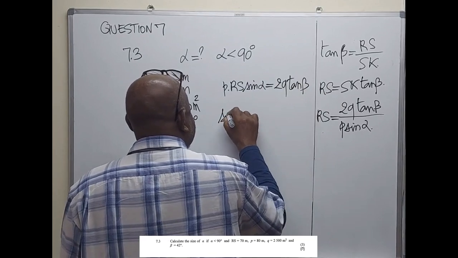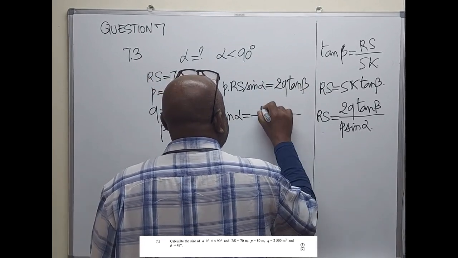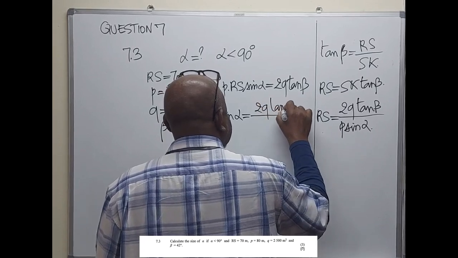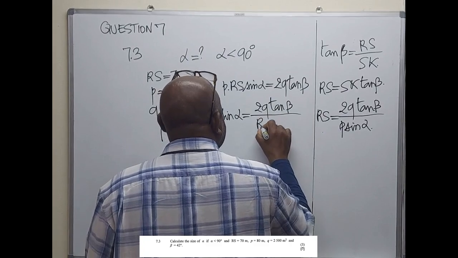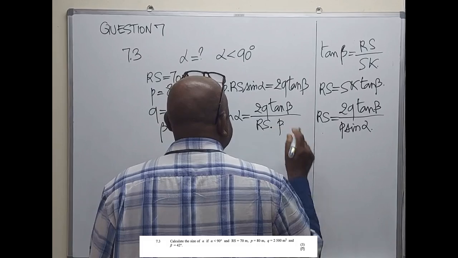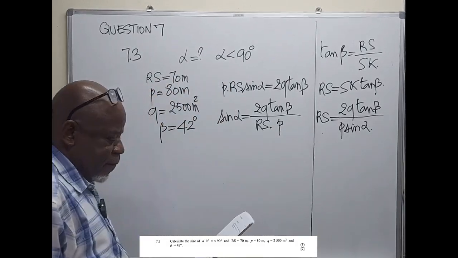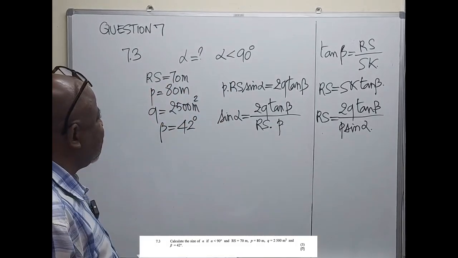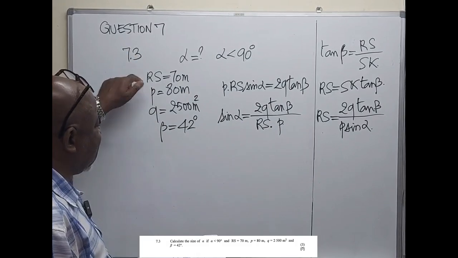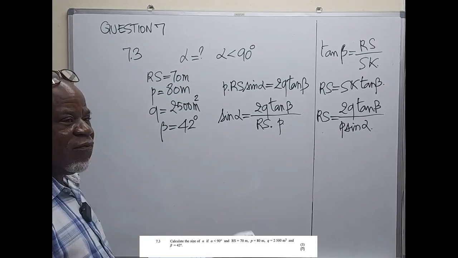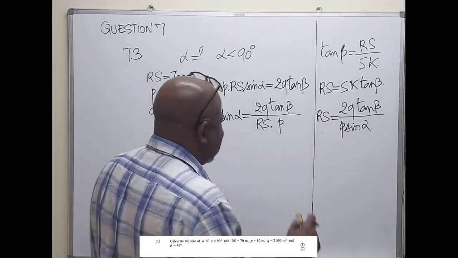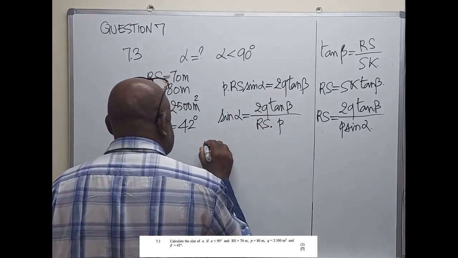And sine alpha will be equal to 2Q tangent beta over RS times P. So when we replace all of these values given, RS is given, P is given, Q is given, and beta is given. So we're just going to replace.